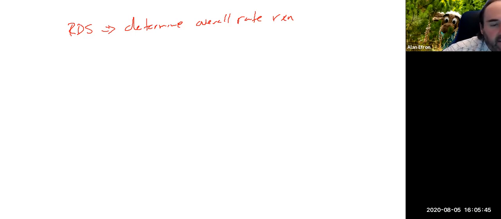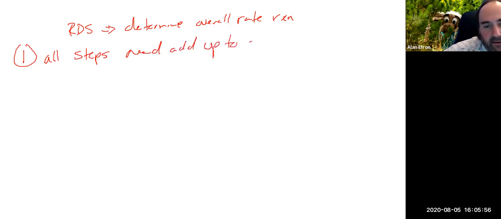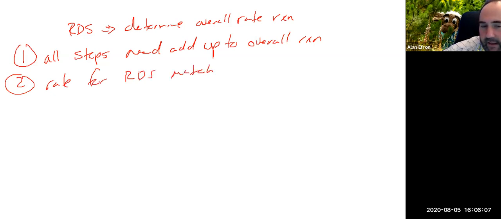Now, to know if a mechanism is good or bad, there's really 2 things that have to happen. All the steps need to add up to the overall reaction. And the rate law for the RDS needs to match the experimental rate law.